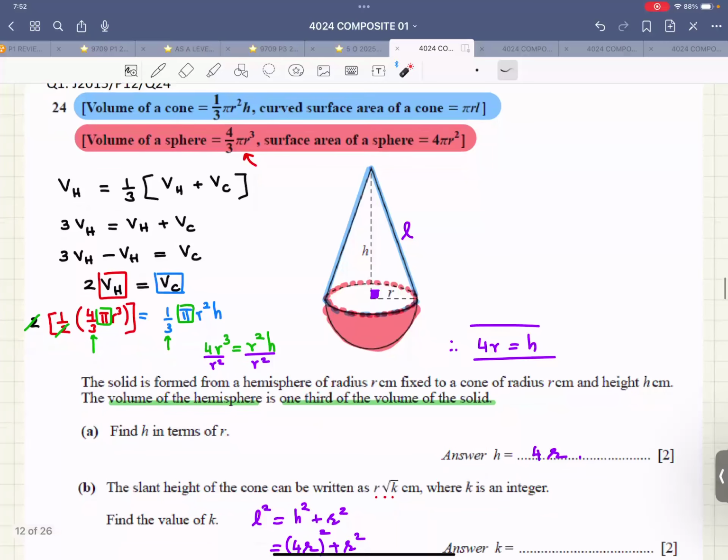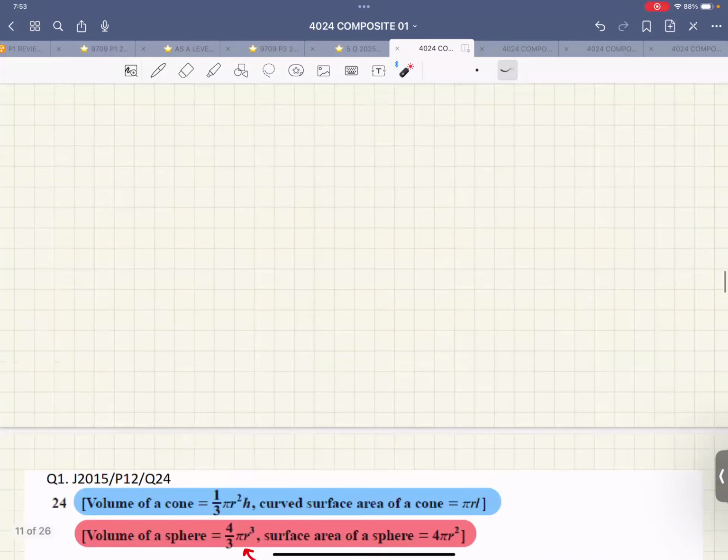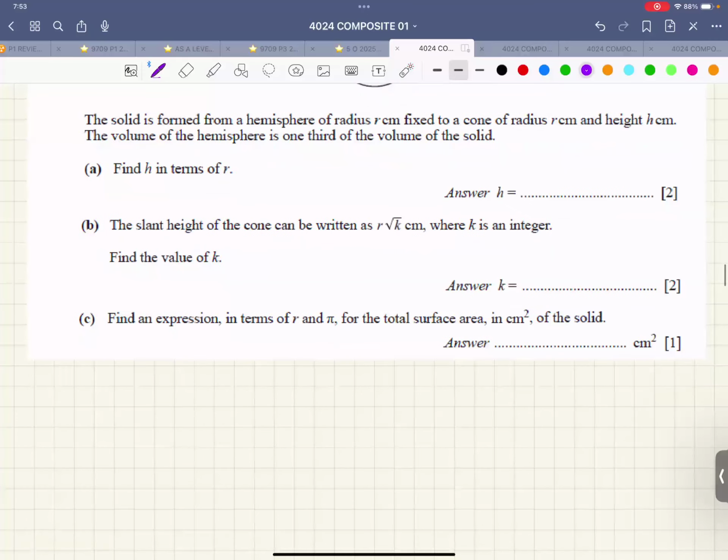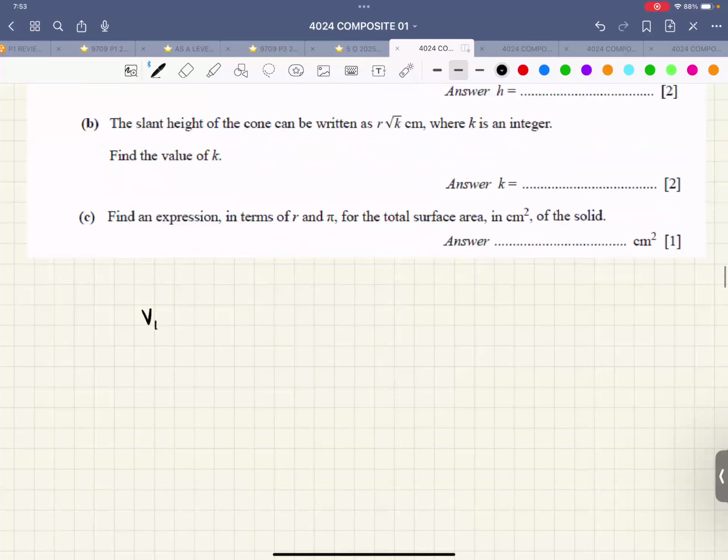Now, if someone is not interested in this, let me also show you another piece of working. So what I can do is that I can write volume of, first let me write volume of hemisphere. That is half 4/3 pi r cube. That is 2/3 pi r cube.